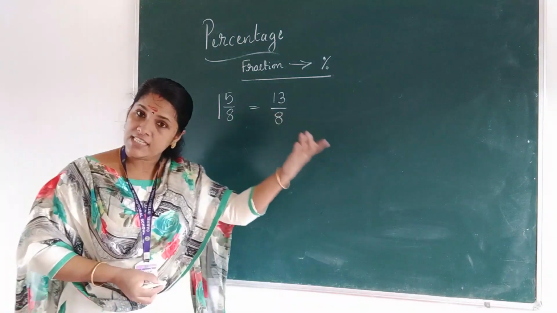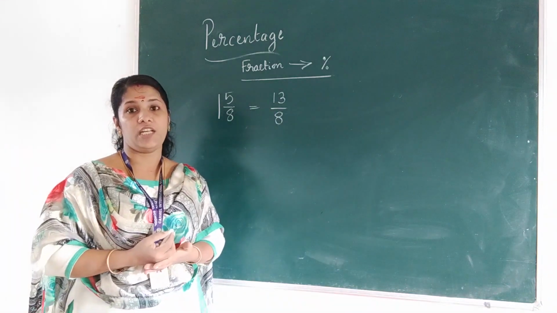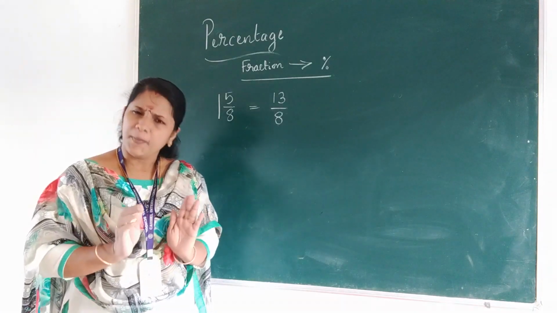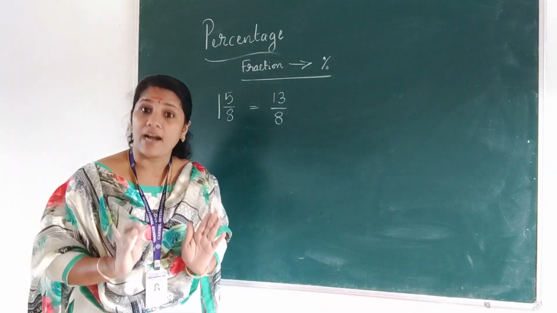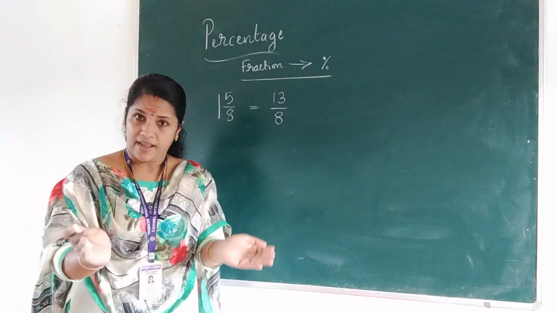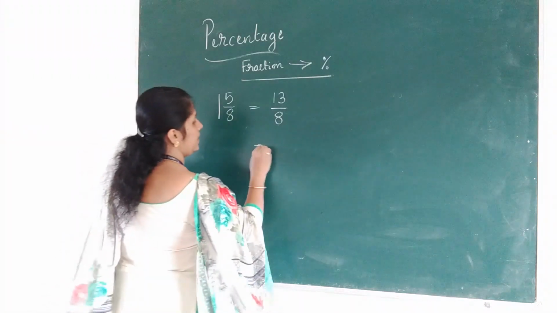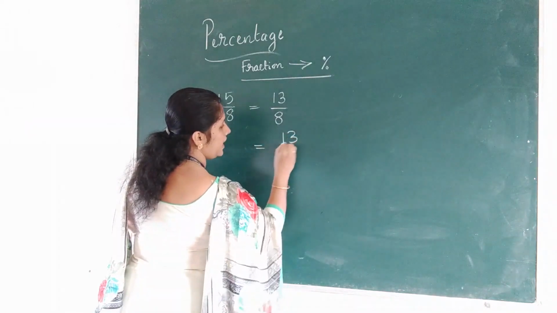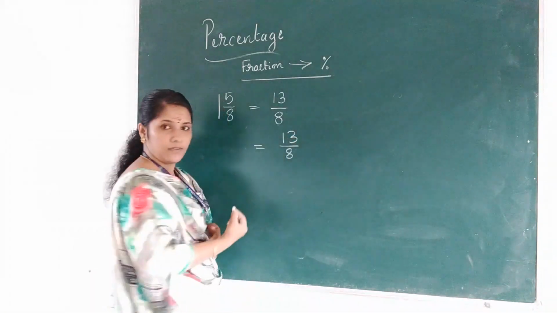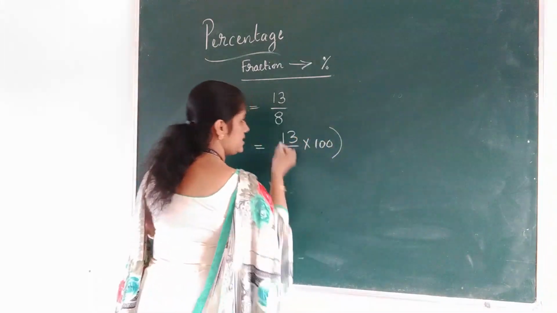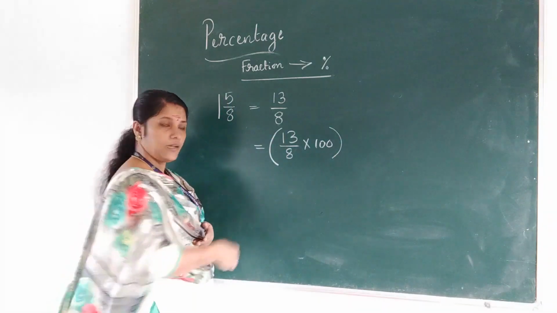Now let's convert this fraction into percentage. How have we learned? Simply multiply by 100 inside the bracket, and outside there will be a percentage sign. It is 13 by 8 into 100 inside the bracket.